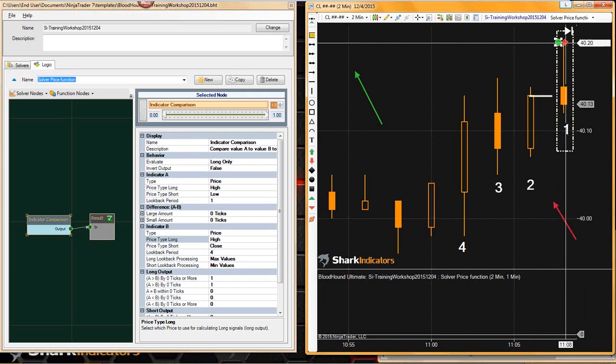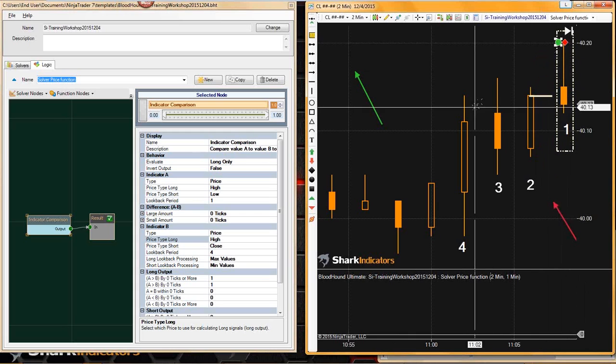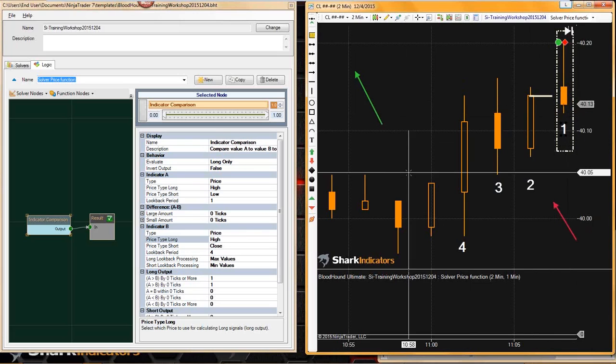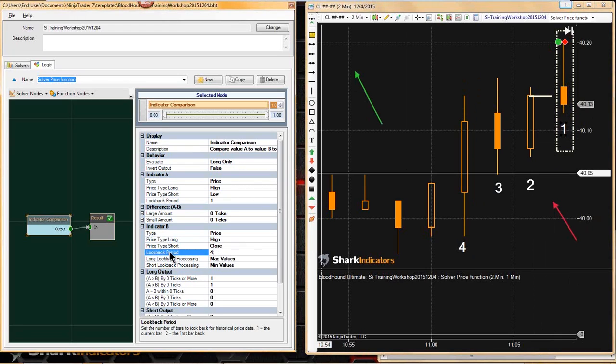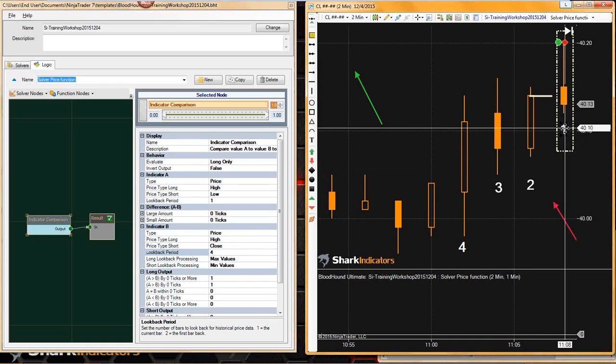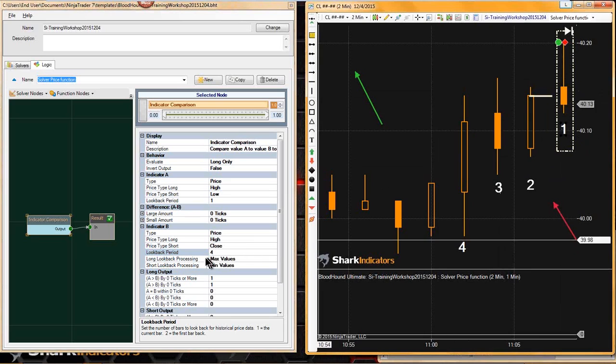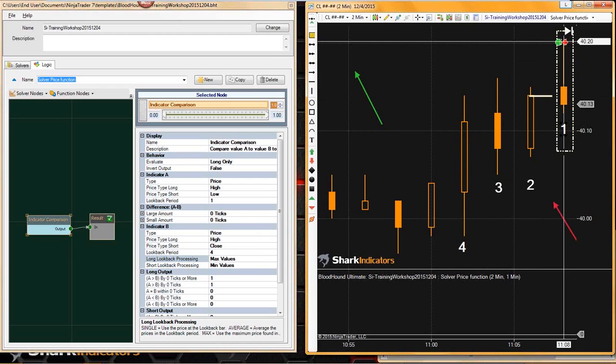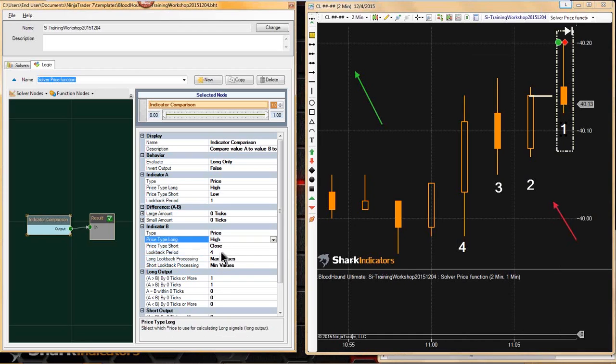So of course the high of the current bar is never going to be higher than the maximum high of the last 4 bars, because bar number 1 is included in this look back period. Always remember that. Bar 1 is always included in this look back. So if bar number 1 has the highest high price, it's never going to be greater than the maximum high of any look back period.